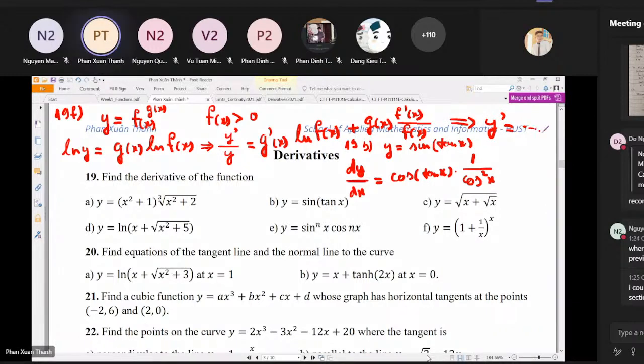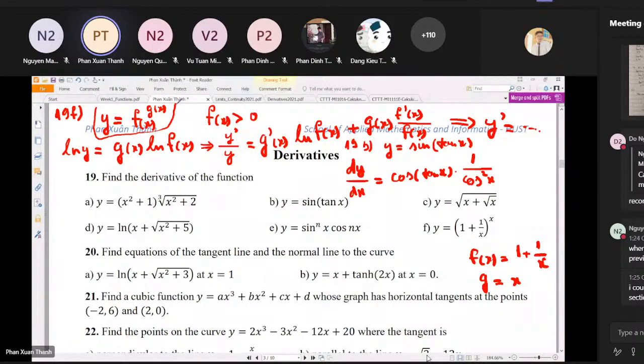Okay, this is a solution for the exercise. For this exercise, f(x) equals 1 plus 1 over x, and the function g(x) equals x. So in general, for a function like y equals f to the power g(x), we can differentiate the function by taking the logarithm of both sides.